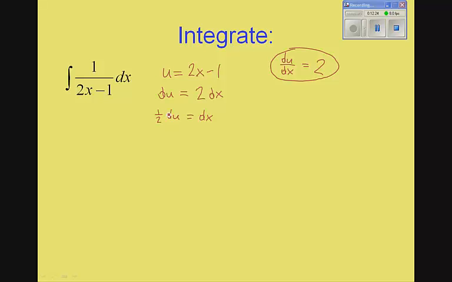Is that okay? And the idea is now I can rewrite this integral. Instead of writing 1 over 2x minus 1, I have 1 over what? u. And instead of dx, what can I write? 1/2 of du.